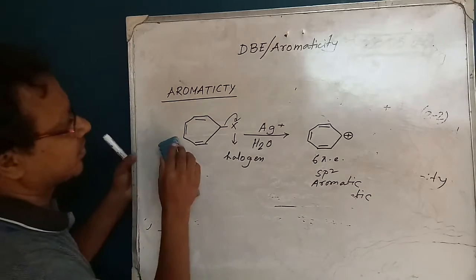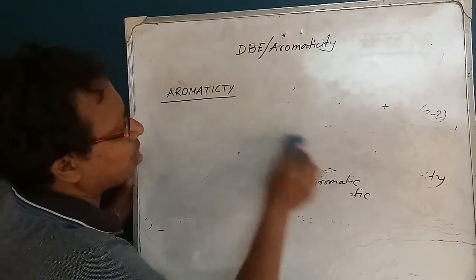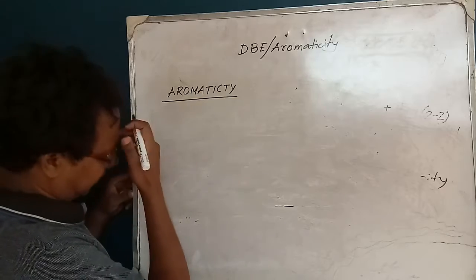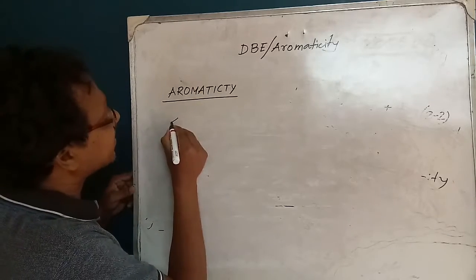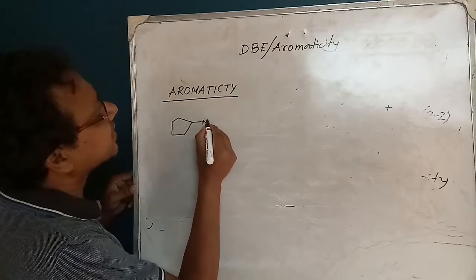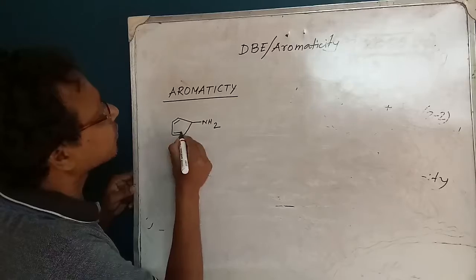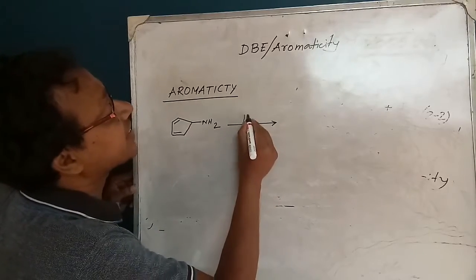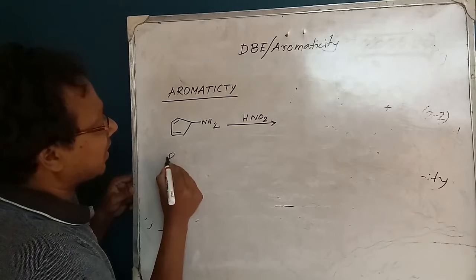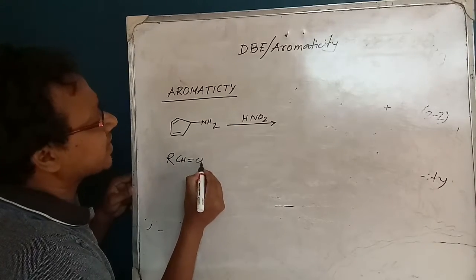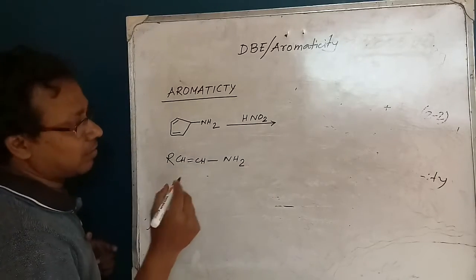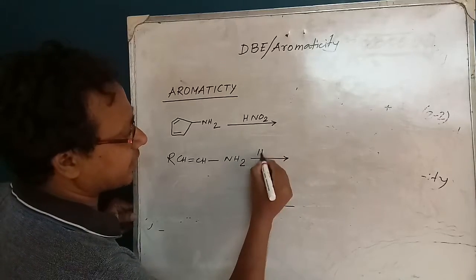Another example for reaction activity, look here. If it is this, NH2, it is treated with HNO2. And another example, RCH double bond CH NH2. Now it is also treated with HNO2.